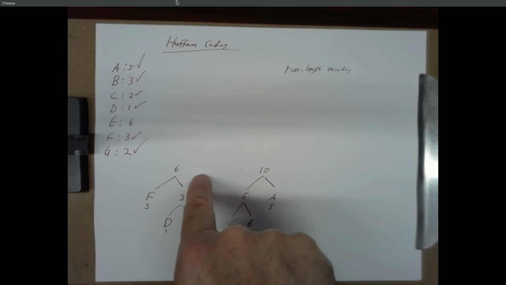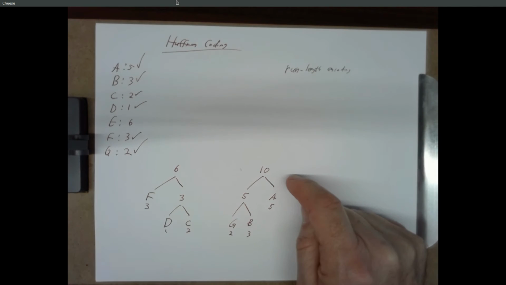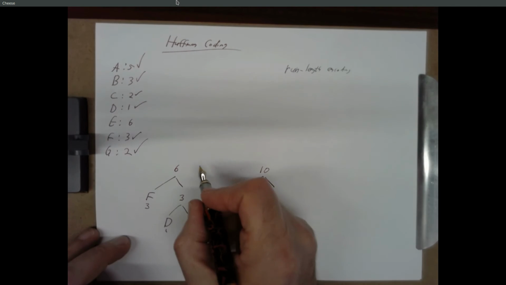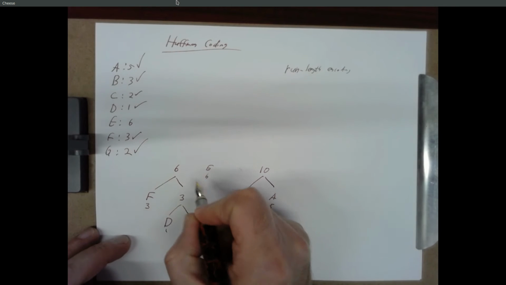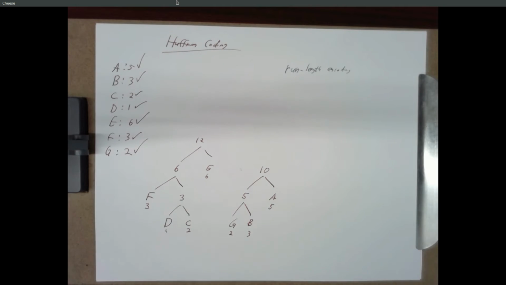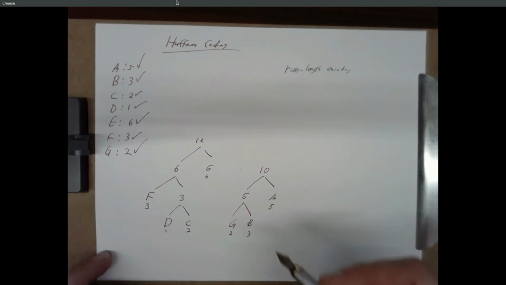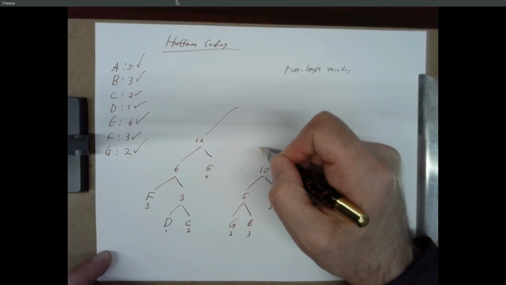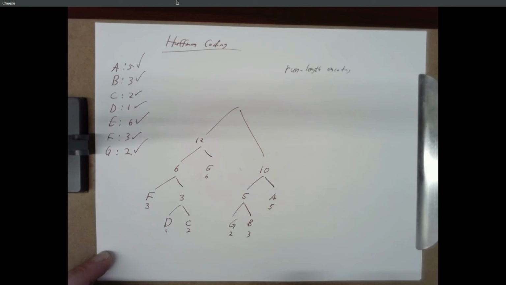Now I have a 6 and a 10. The 2 6s are the lowest, so let me put the E with a 6 together with this 6, and that gives me a 12. Now I have a 12 and a 10, and those are the only things I haven't made children of anything, so those combine to a 22.